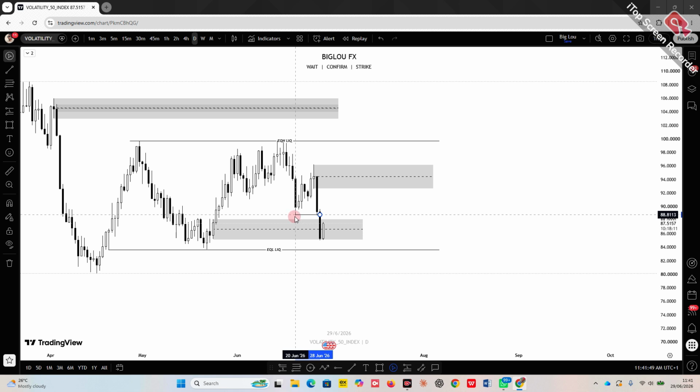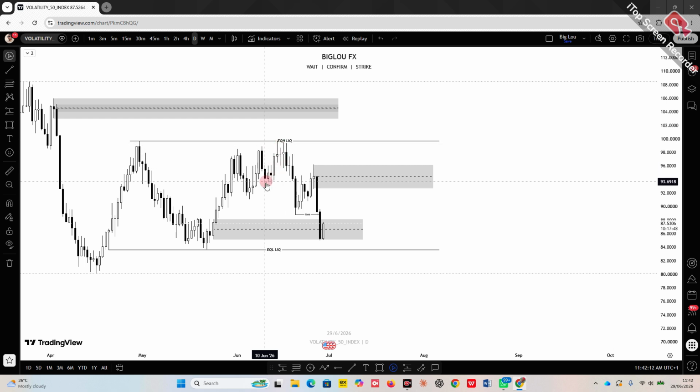This is a break of structure, even though it is internal, because price has been ranging in this box, doing equal high, equal low, but breaking structure internally to the downside.